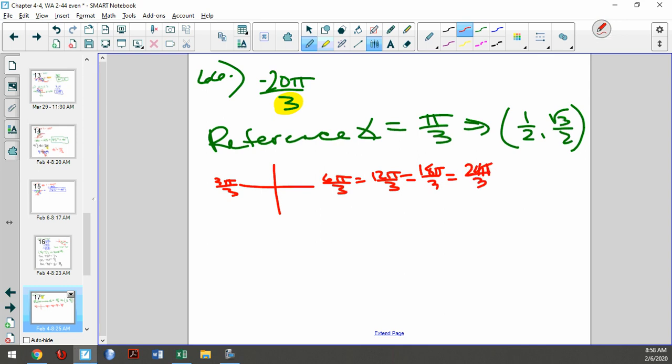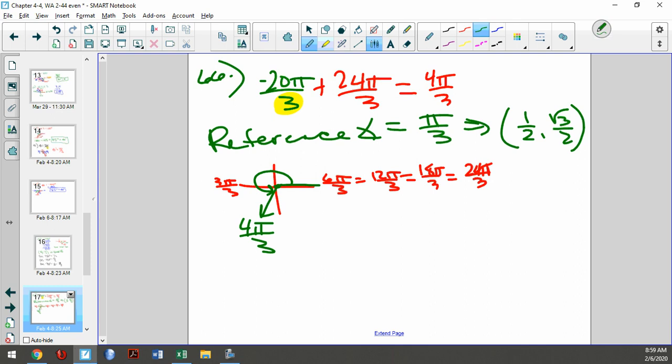Did 24 pi over 3 get me over that? Yes. So if I add 24 pi over 3, what does that give me? Negative 20 plus 24. 4 pi over 3. So what this means is 4 pi over 3 is going to be where? Right here.